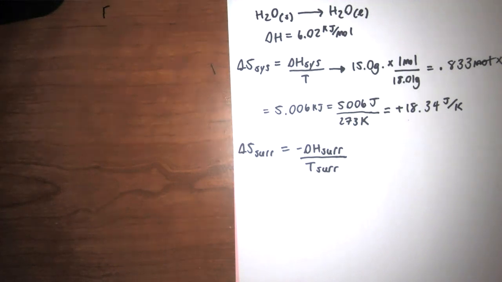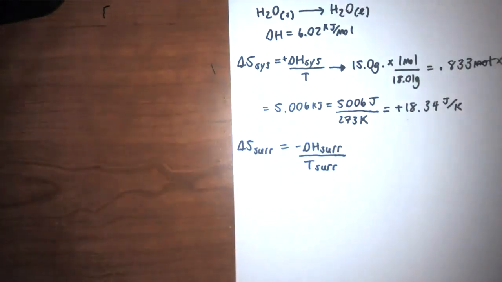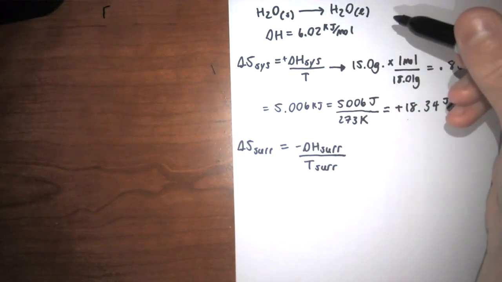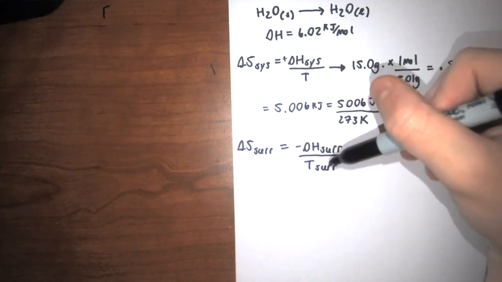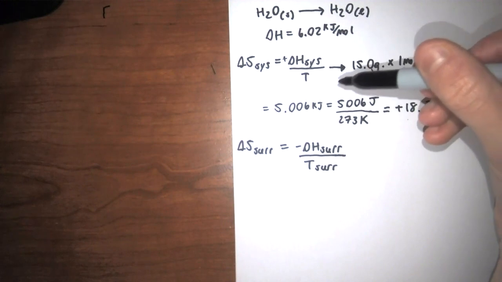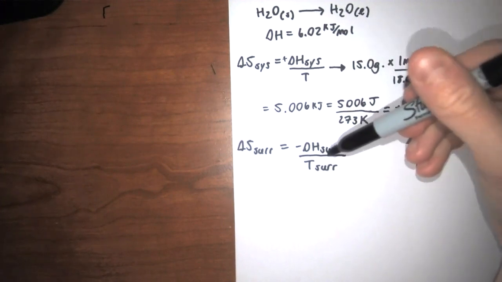If you want to get some sort of solid into a liquid, you usually have to add heat to melt it down. So this is a positive because we're adding heat to the system. And if we're adding heat to the system, we are losing that same amount of energy from the surroundings.